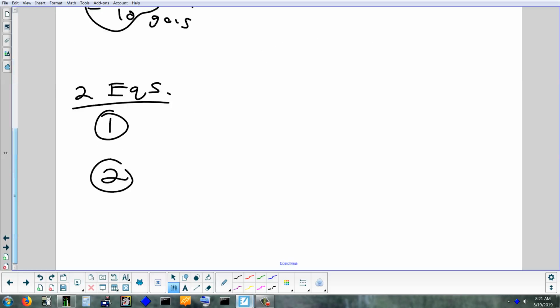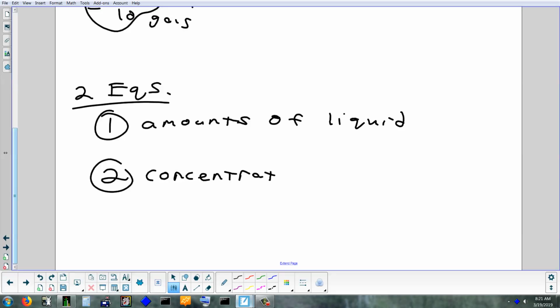One equation is going to have purely to do with just the amounts, usually of a liquid. That's what one equation has to do with: just the amounts of the liquid. The second equation is going to take into account the concentrations.